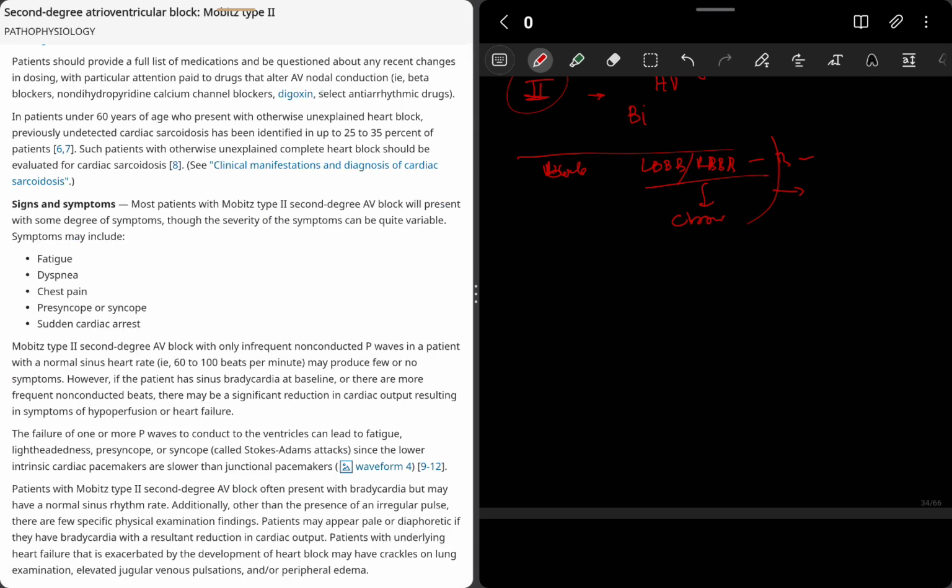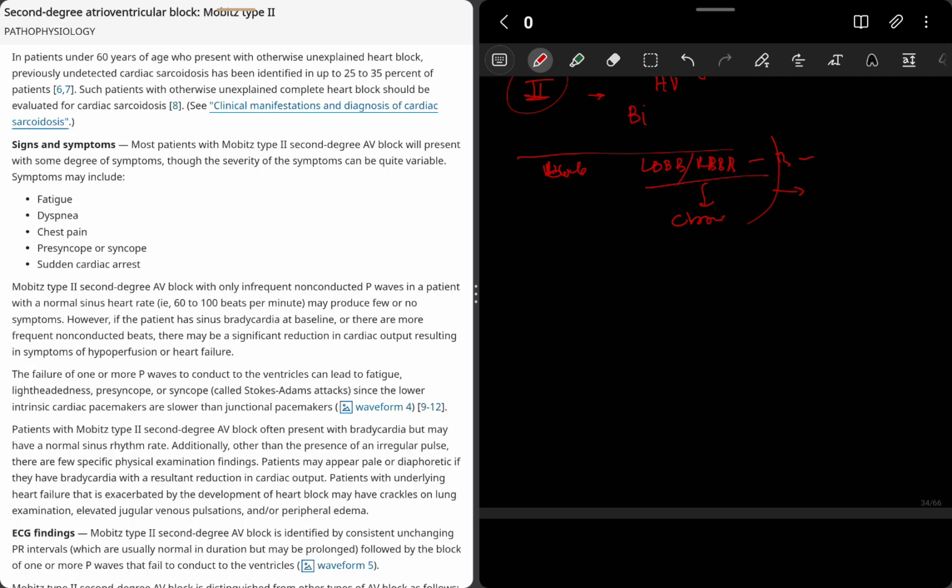Medications like beta blockers, non-dihydropyridine calcium channel blockers, digoxin, and certain antiarrhythmic drug history should be asked. Sometimes a young male or female, less than 60 years of age, develops block.